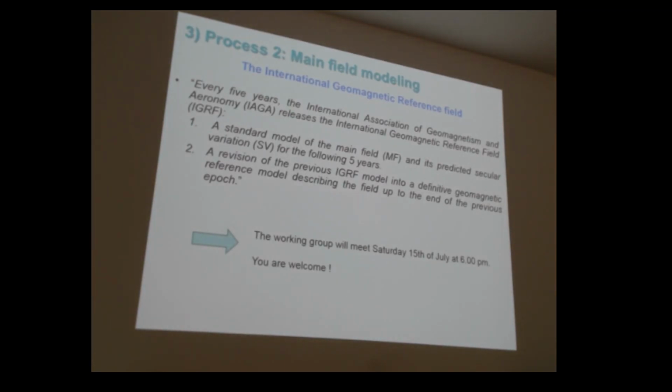prototype models. So there is a working group, 6 p.m. I know when we discussed it, it's your time. But everybody is welcome for that, because the head of the group is changing every 5 years. It's a kind of service to the community.